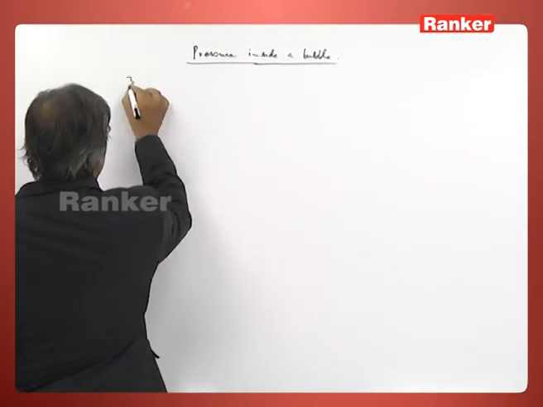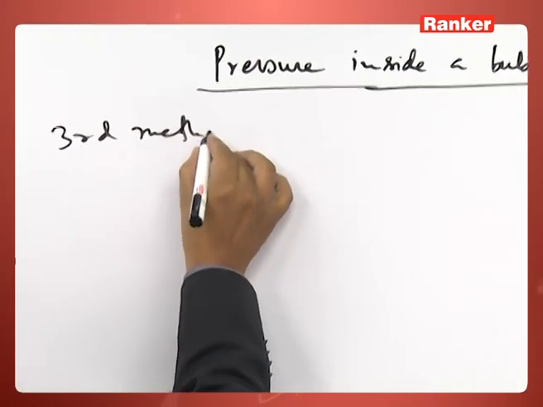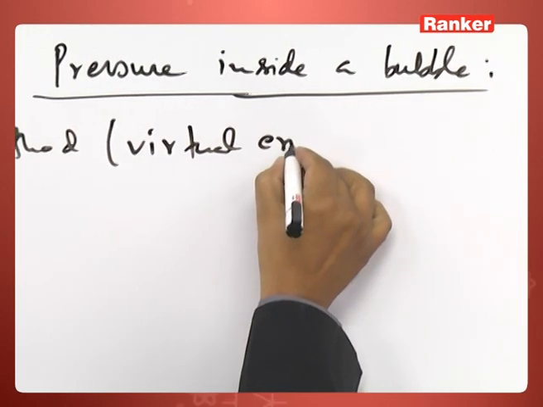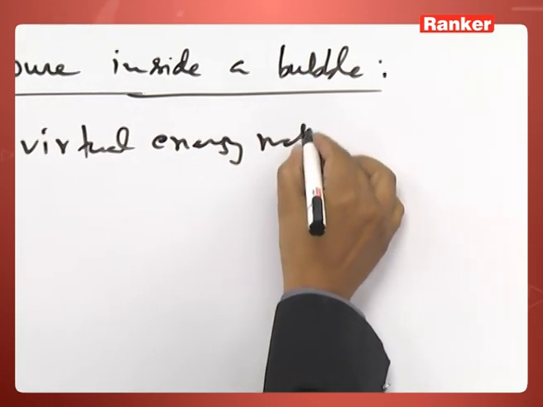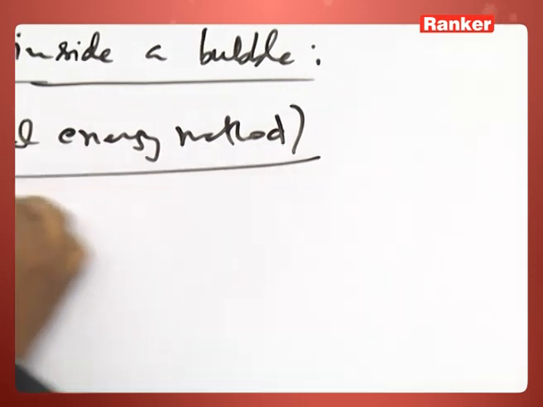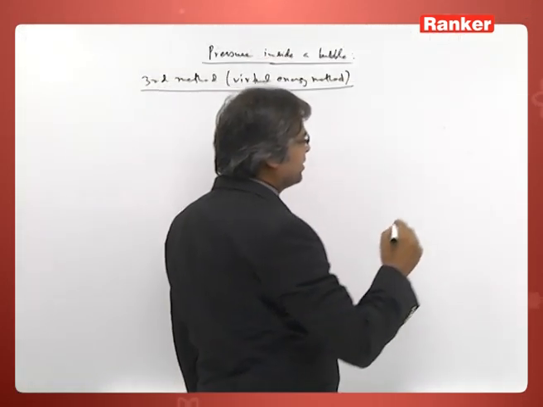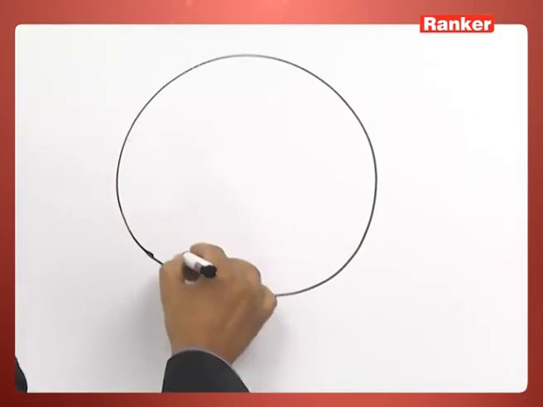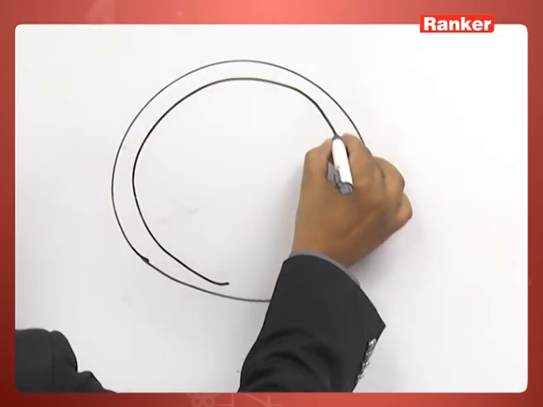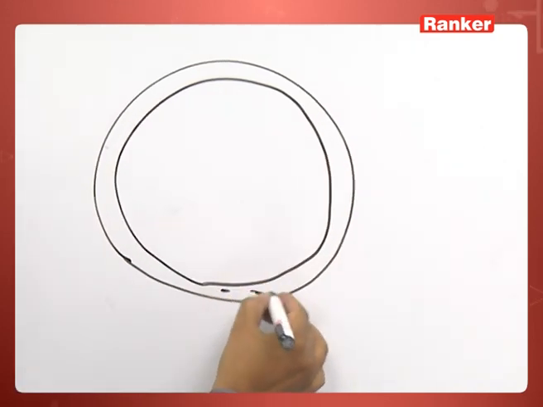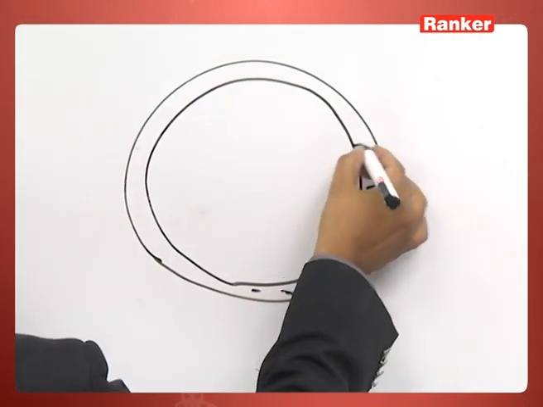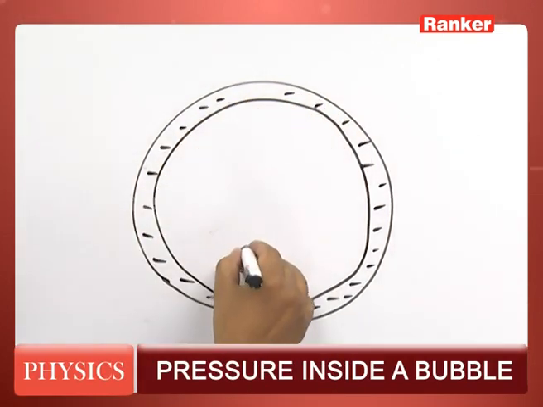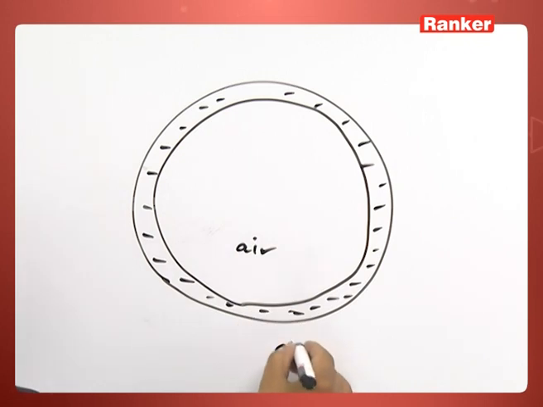Now, the third method is the virtual energy method. So, now let us consider a bubble. This is the bubble. You see this is the skin of the liquid. So, the liquid is there and we have air inside it and outside it.